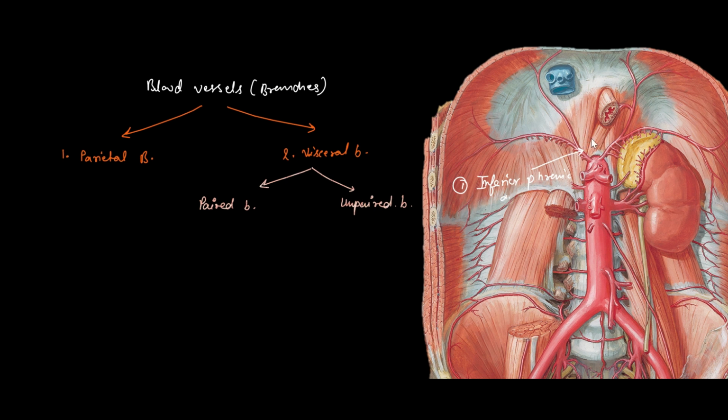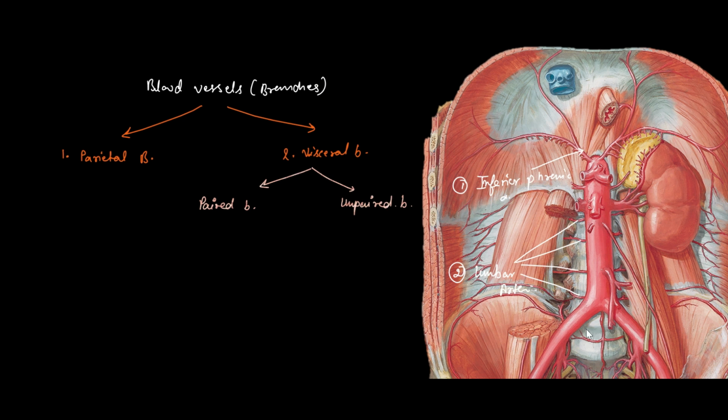And see, these are parietal branches and are paired. The second one comes these lumbar arteries, and these lumbar arteries are also present as paired arteries. Okay. The second one are lumbar arteries.